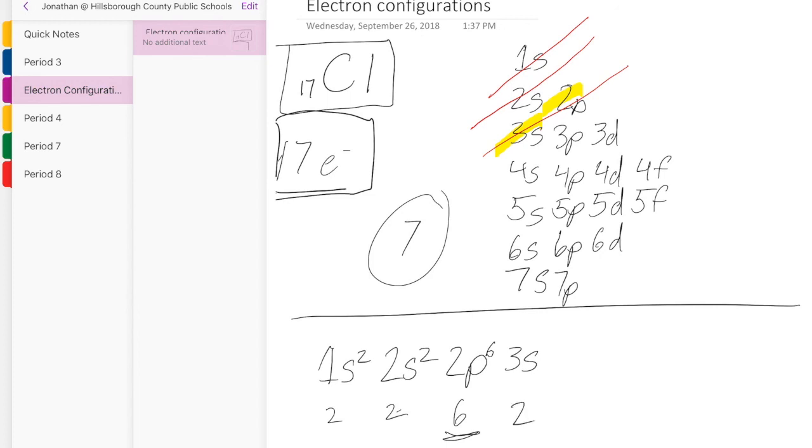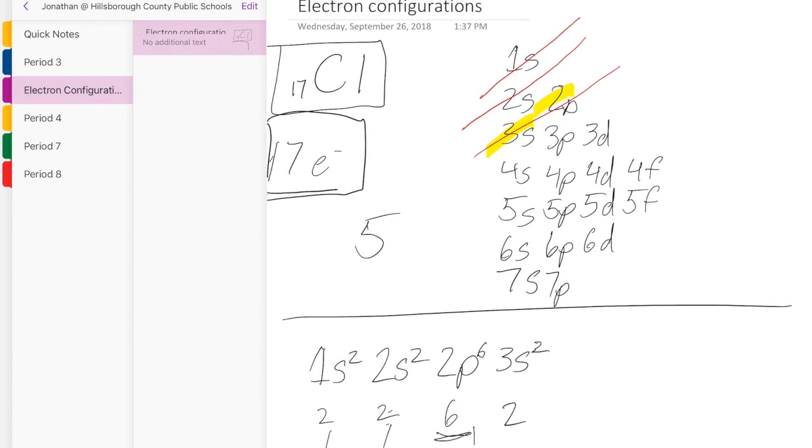So we're going to put 3s2, which means we're going to have 5 electrons left, and we've used 12 electrons total so far, because 2 plus 2 plus 6 plus 2 equals 12.